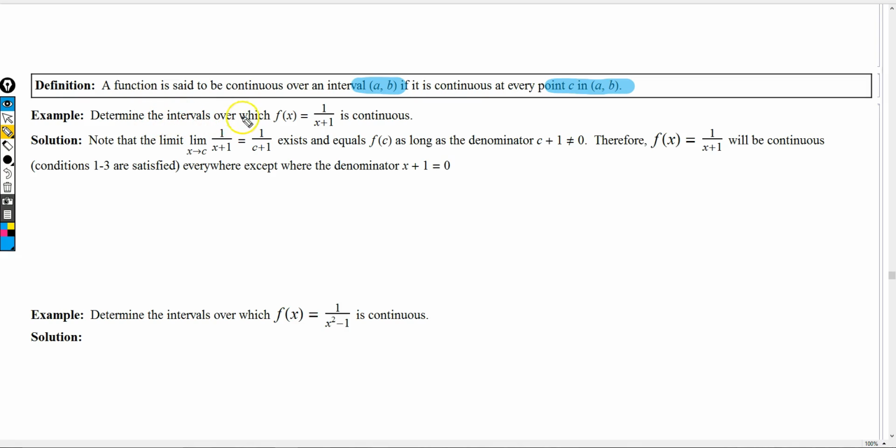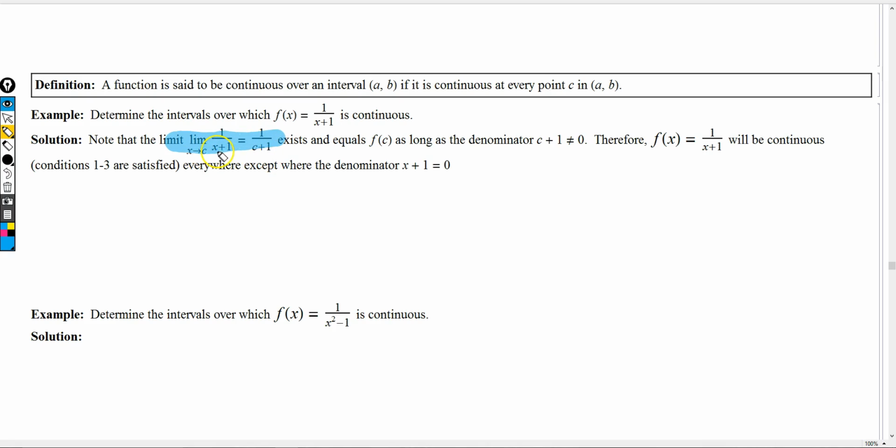First of all, let's determine the intervals over which this function, f of x equals 1 over x plus 1, is continuous. All right, now, for this function, notice first that if I pick any number c, the limit as x approaches c of 1 over x plus 1 is 1 over c plus 1.